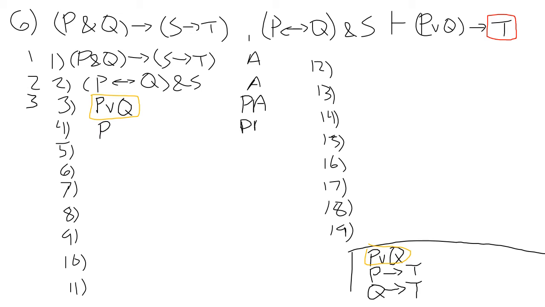So I'll assume P is a PA. Mark that as 4. Now what can I do? Well, I can separate out the P double arrow Q and the S from 2 ampersand out.